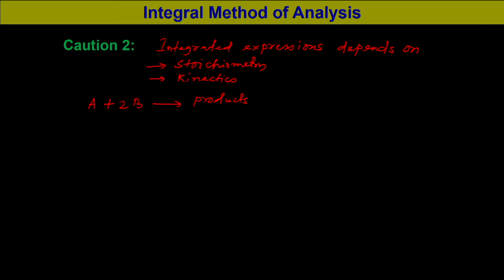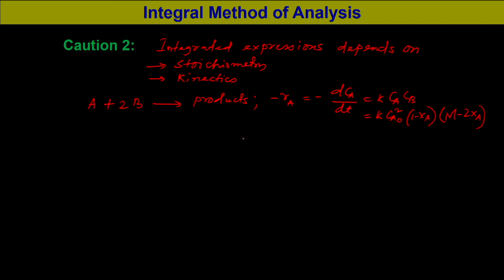So, for this reaction, if we assume it is second order, that is, first order with respect to A and first order with respect to B and overall second order, then we can write the rate of reaction: minus rA would be equal to minus dCA/dt, which is equal to k into Ca Cb, which we can write as k into Ca naught square into (1 minus Xa) into (m minus 2Xa).